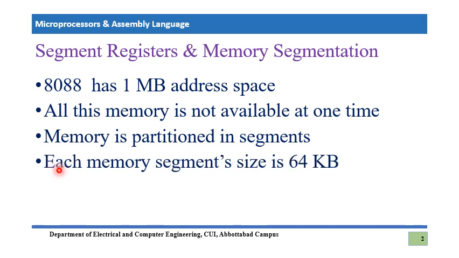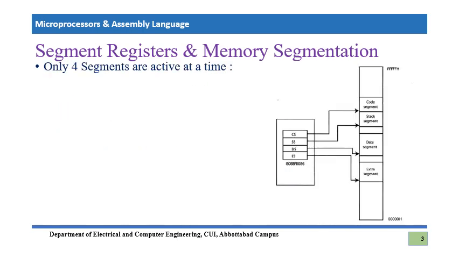So one can easily ask, if the total size of the memory was 1 million bytes, what about the size of a memory segment? Each memory segment is about 64 kilobytes, so every segment can hold around 64 kilobytes of information.